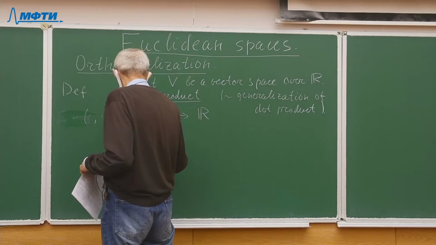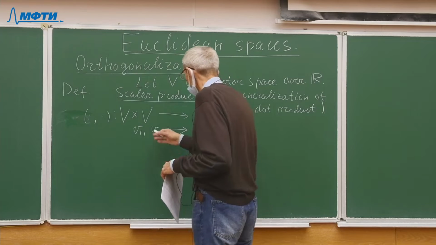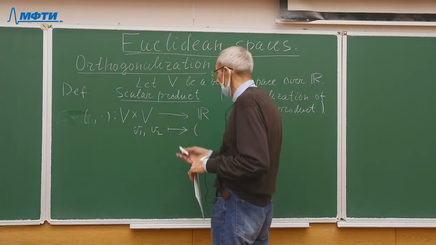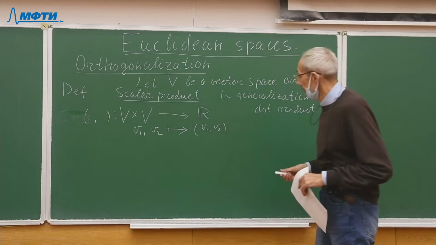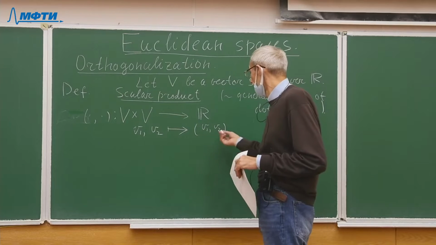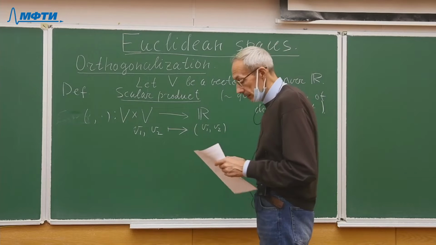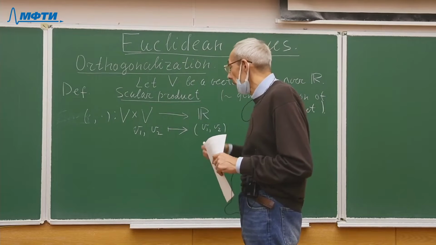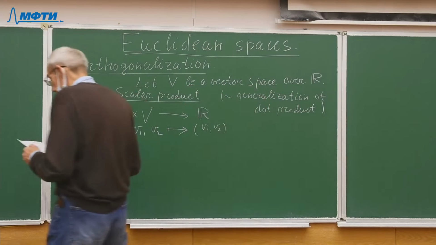We have two vectors v1 and v2, and applying this assignment, we obtain some real number which we denote in the following way, and we call it the scalar product of the vectors v1 and v2. And this assignment must satisfy the following conditions.